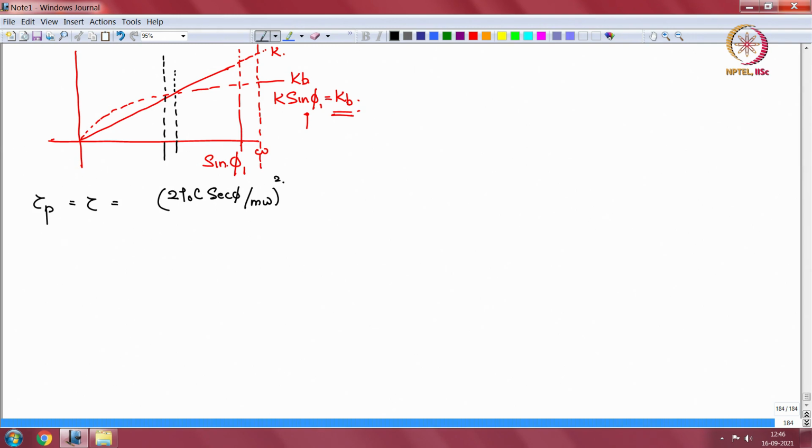For a certain phi 1, I could be at a certain frequency higher than the basic coincidence frequency. This is my basic coincidence frequency here. Then I could be at some particular coincidence frequency related to phi 1, such that k sin phi 1 is equal to kb.